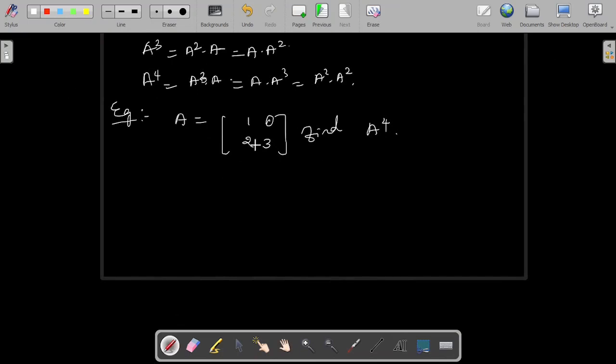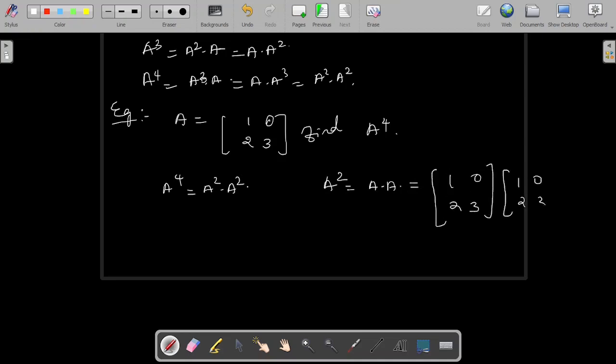So suppose here A is given, find A power 4. I'll write A power 4 as A square into A square. So first I have to find out A square, which is A into A, that is equal to 1 0 2 3 into 1 0 2 3, multiplying a matrix with itself.